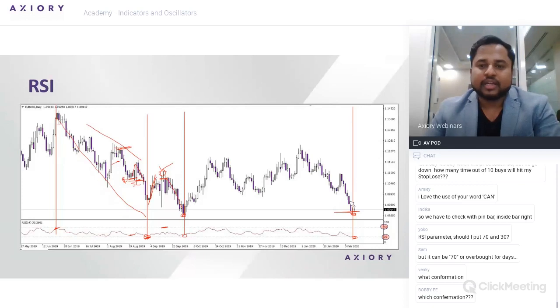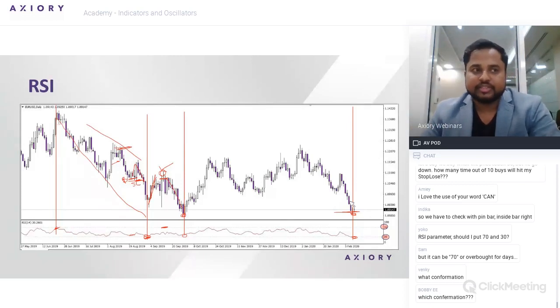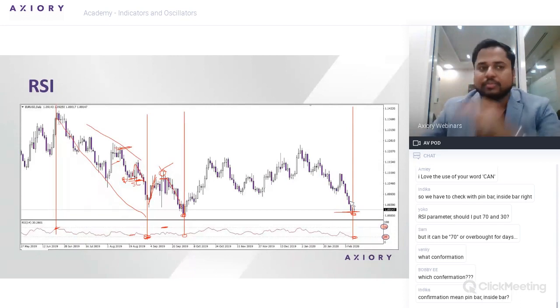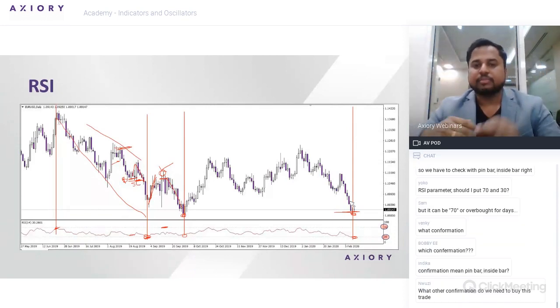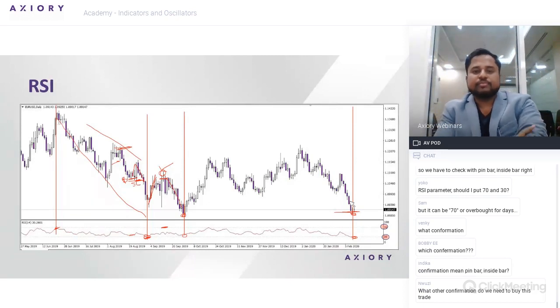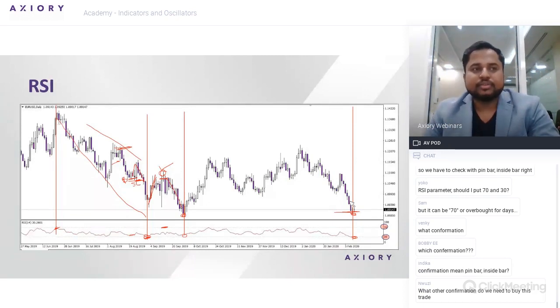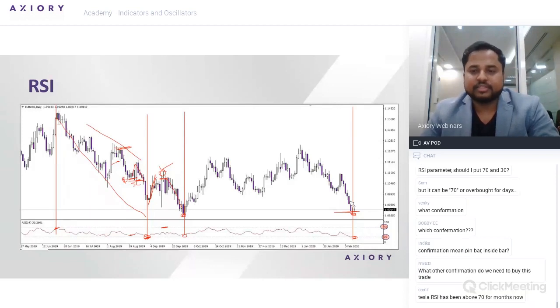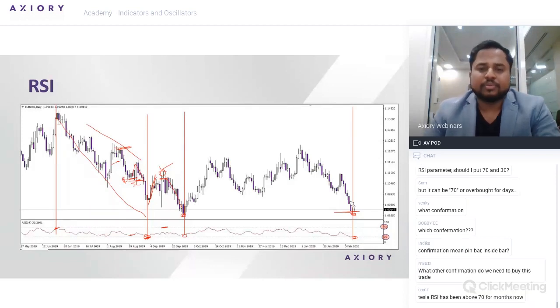Currencies are more suitable for this kind of RSI trading, because currencies always go up, then come down, playing in a range mostly. So these indicators are better on currencies, I feel, but it all depends upon the traders. Some traders have strategies for indices, some for currencies.